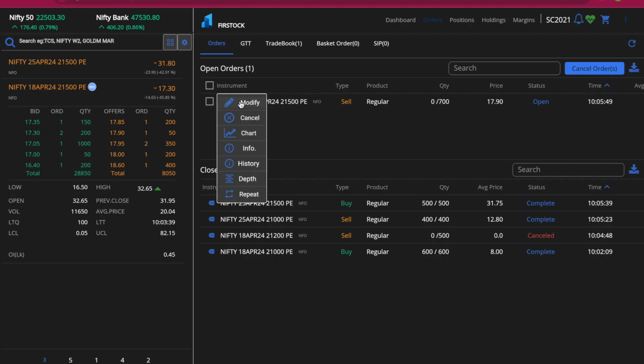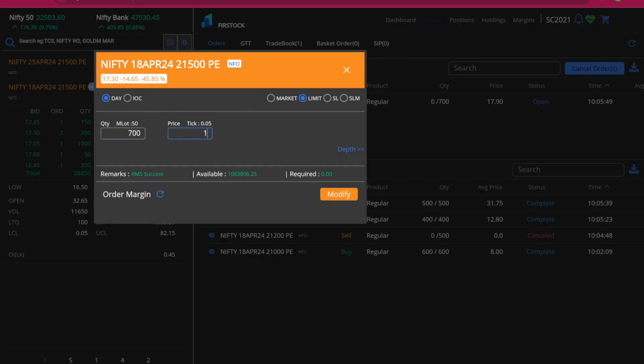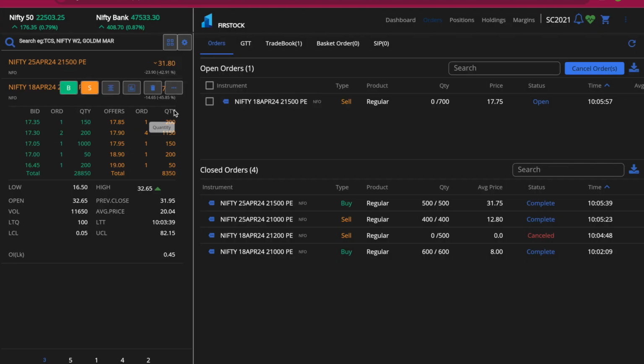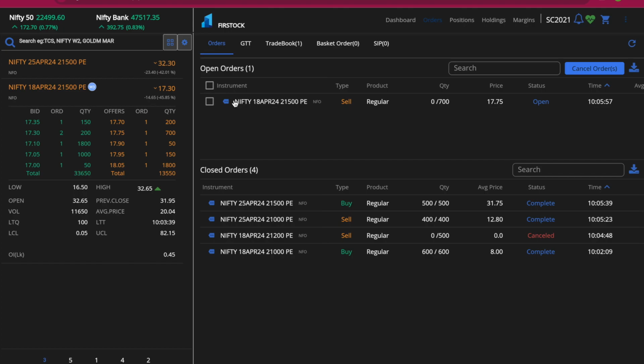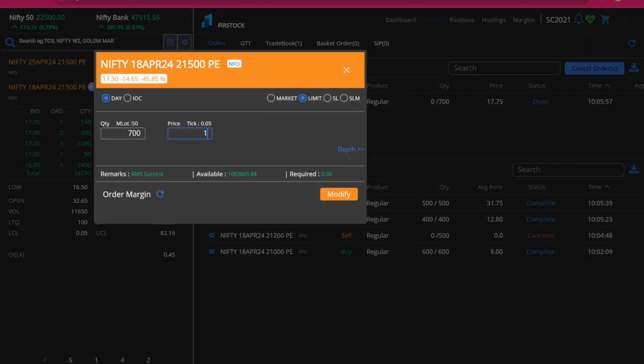For the 21,500 PE, change this to strike 21,500 PE, and the sell lot is 700. The market is trading at 17.3, we can go for 17.4.